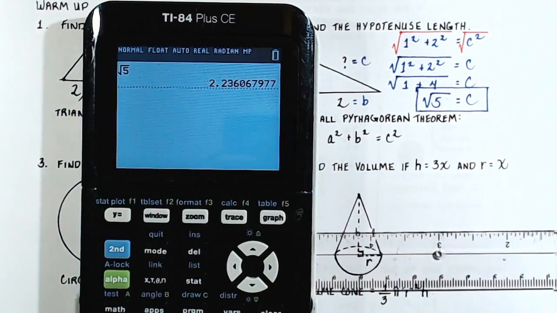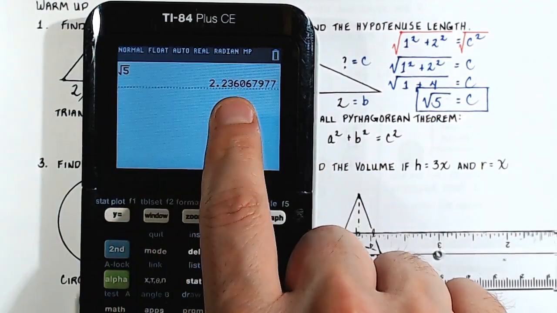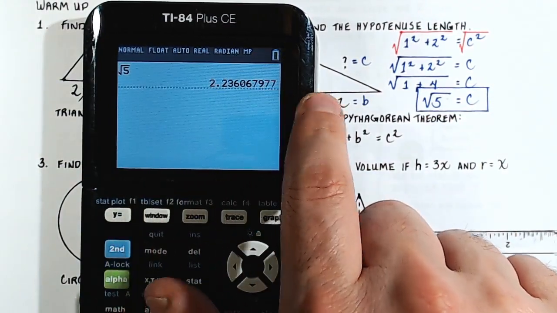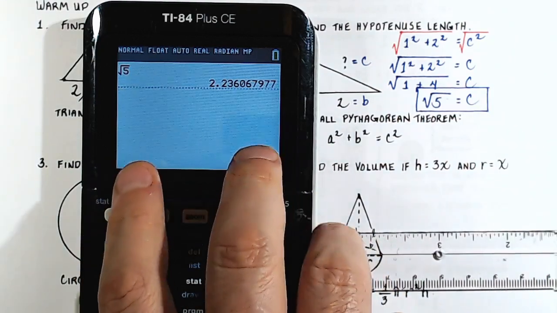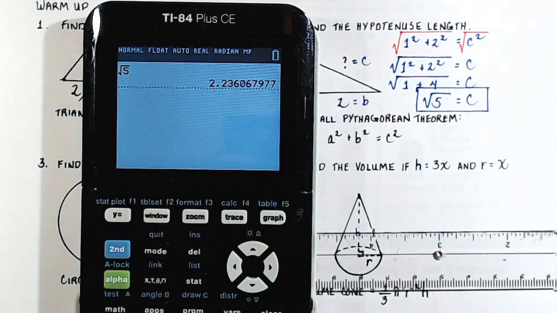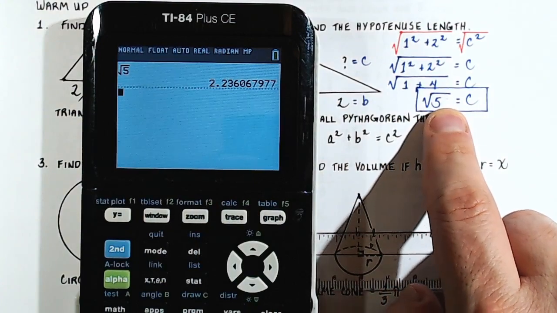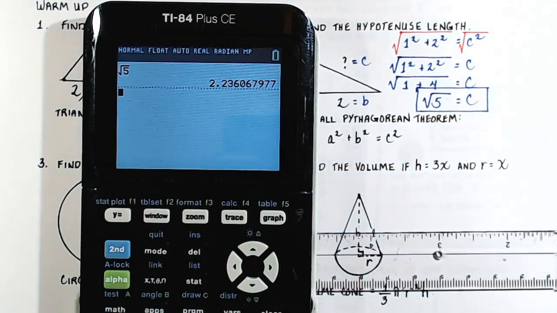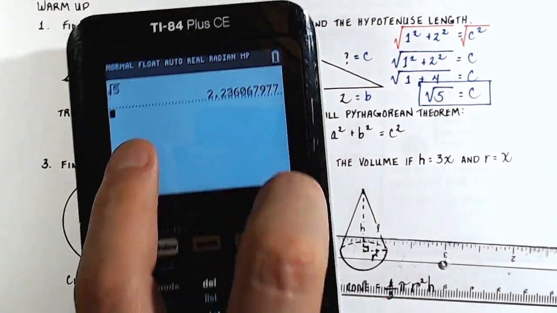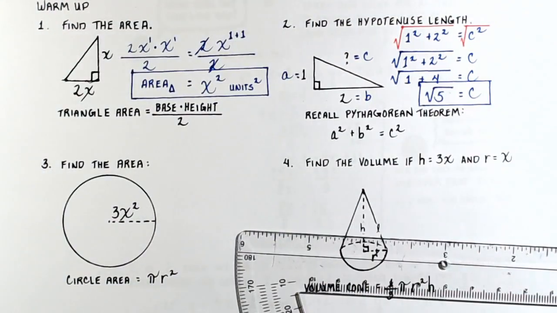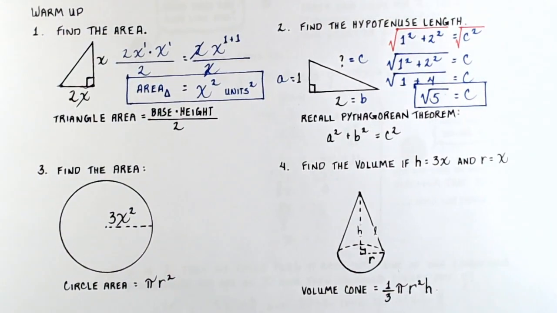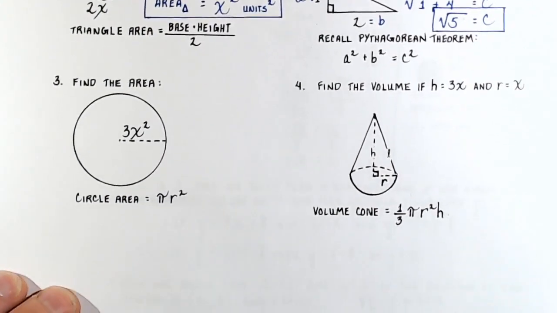We want to use the exact figure because this is an infinitely non-repeating irrational number, and for irrational numbers, we leave them in exact form. Otherwise we're just approximating it out to some number of decimal places. So much for 1 and 2.